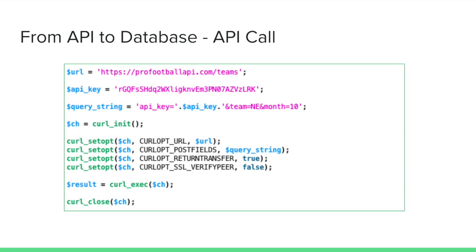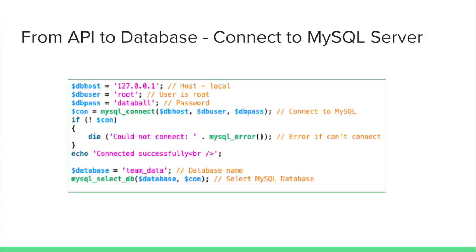Here's an example of some of our code. In this API call, we create a URL based on the parameters of the data we want to call. In this case, we want all New England Patriots games from the month of October. We then execute this URL to get an array of data. Next, we connect to our MySQL server and create a database in which to store the data.